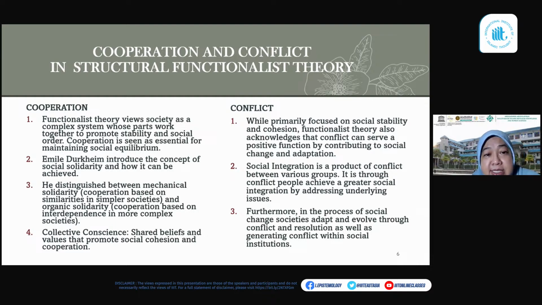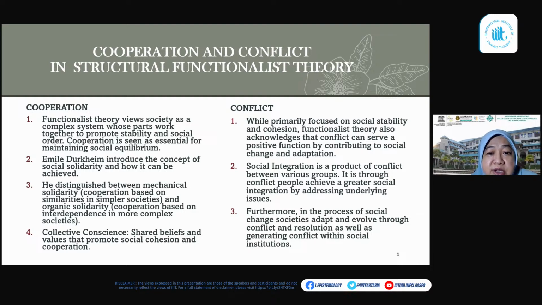But though this theory directly discussed cooperation, it also indirectly discussed conflict. Collective consciousness was only realized when there was conflict. This theory acknowledged that conflict can serve a positive function by contributing to social change and adaptation.